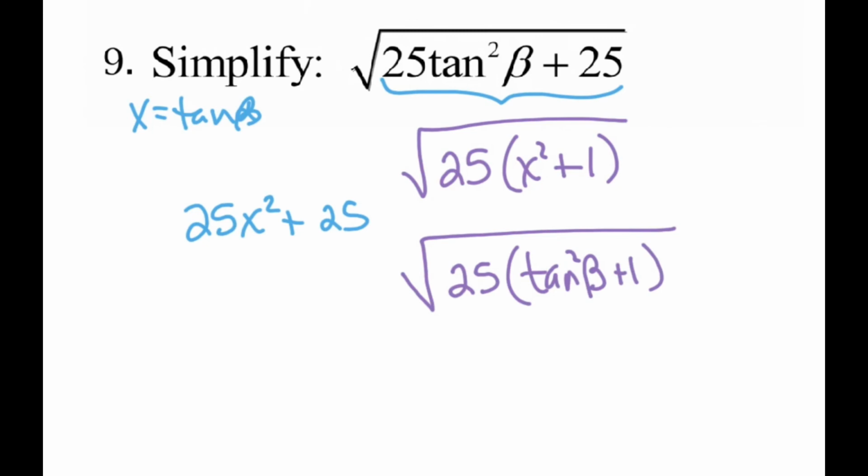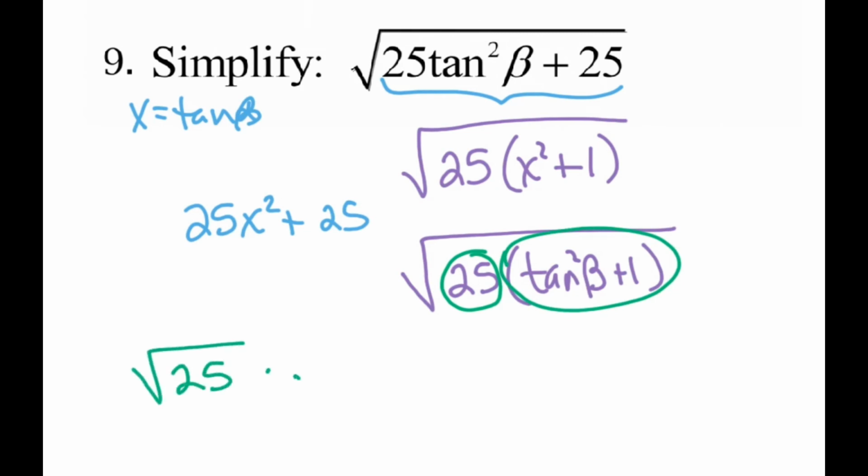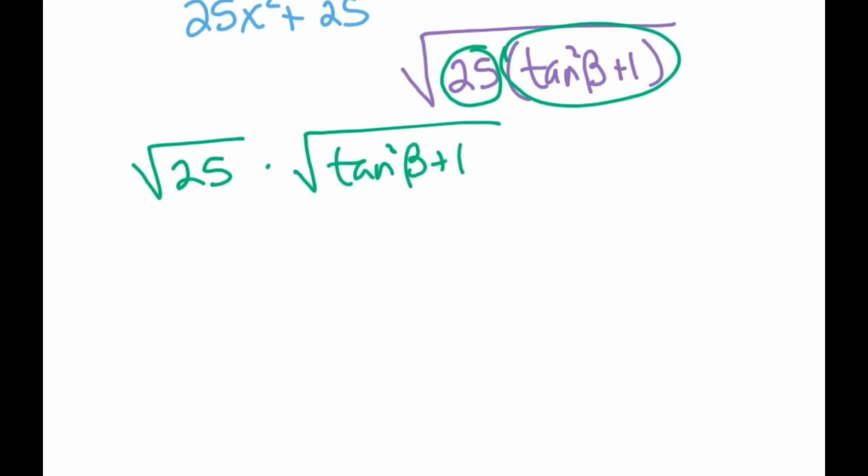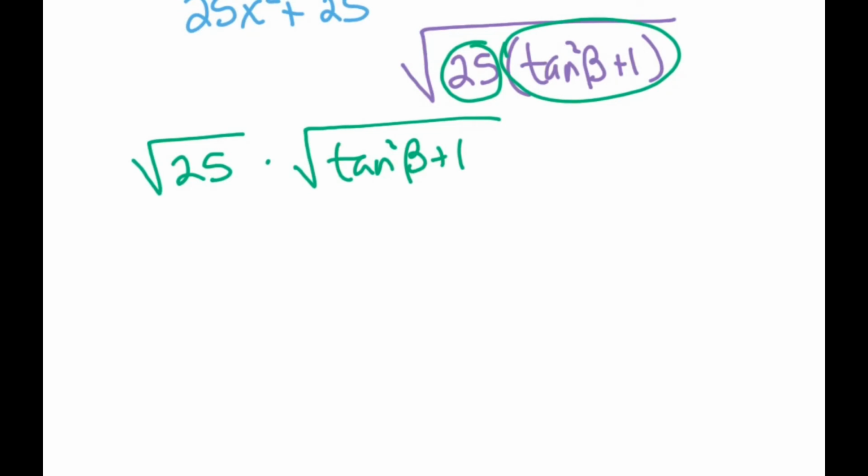Okay, now that I've got one factor times another factor, I can separate my square root. So I can say square root of 25 times the square root of tangent squared beta plus 1. So I can do that part. So I'm going to leave the 25, the square root of 25. Let's just hang on to that. Let's not forget that it's there, but let's focus on the part that's a problem.